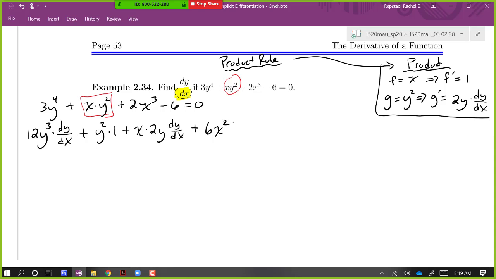Now what? Times dx over dx. Sure, yep. This is the thing that we can include or not include because, of course, dx over dx is equal to 1. So we'll actually drop the dx over dx in our next line.